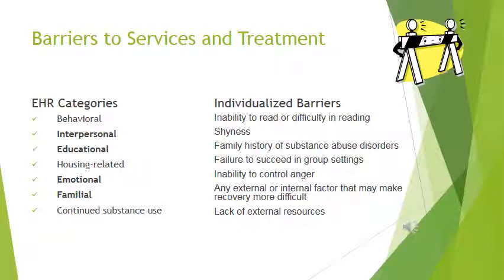That would probably fall under an emotional barrier. Family history of substance abuse disorders could fall under familial barriers. Failure to succeed in group settings might be an interpersonal problem. And you can see how these categories then can be opened up and then described specifically with the client's particular barriers.